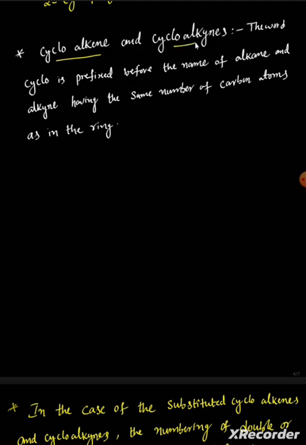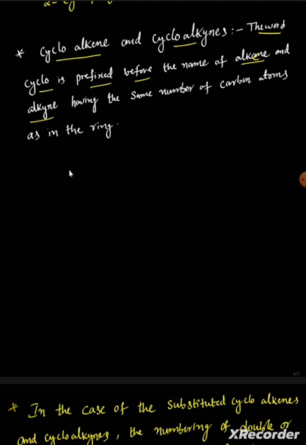Next point. Cycloalkenes and cycloalkynes. The word cyclo is prefixed before the name of alkene and alkyne. Alkene and alkyne having same number of carbon atoms as in the ring.